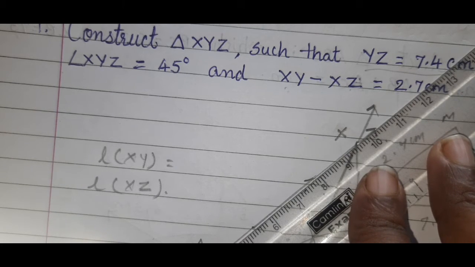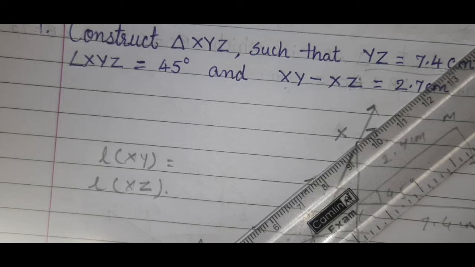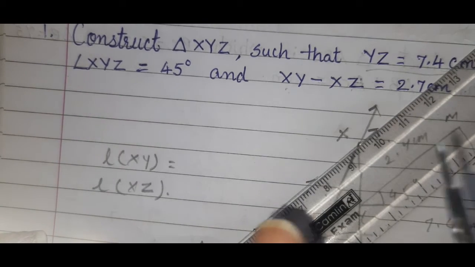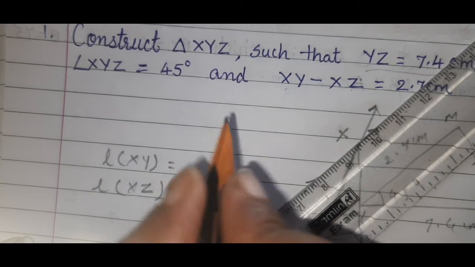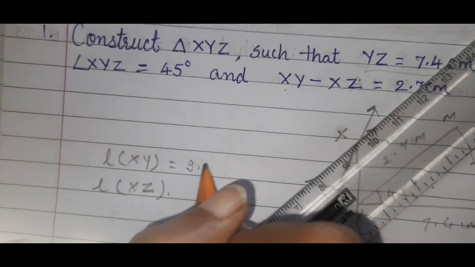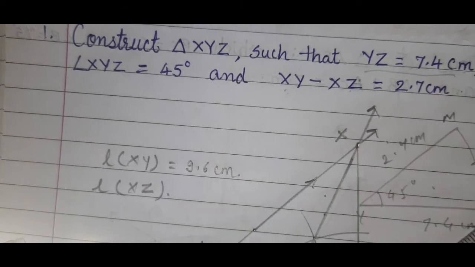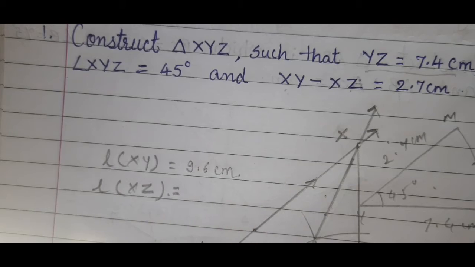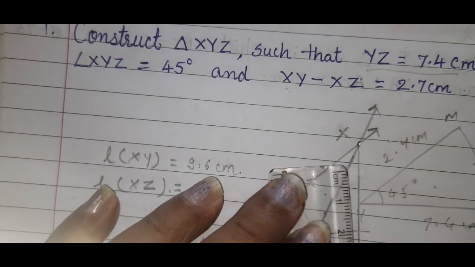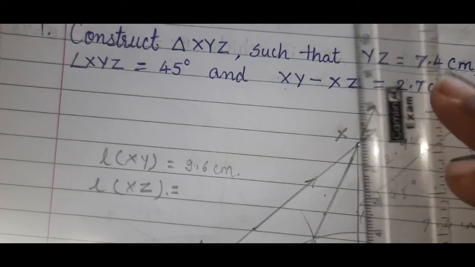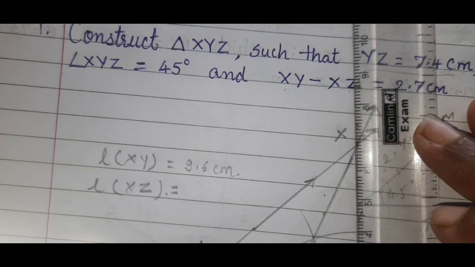Here the measure of XY is coming as 9.6 centimeter. Then the next one, XZ, I have to measure. So I'll take the scale the other way.